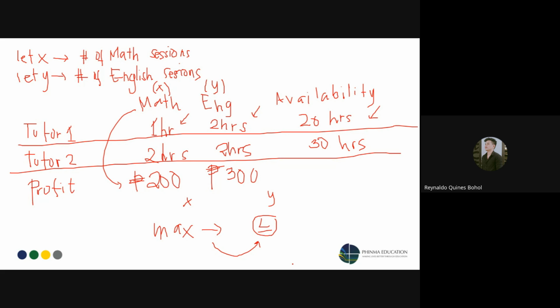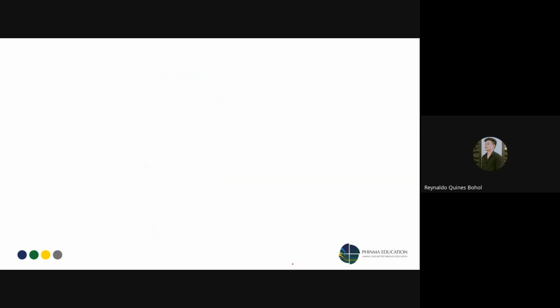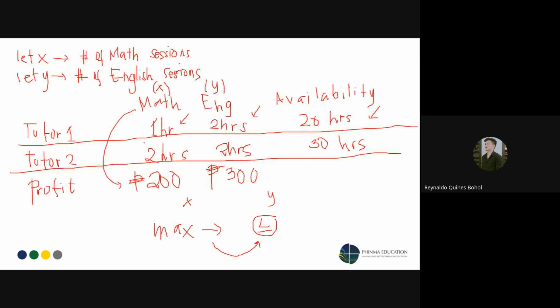But that depends on the problem. Some problems give opposite symbols. But if the problem doesn't specify, always remember that in getting the structural constraints, always use less than or equal to. For the first one, tutor 1, we take 1 hour, 2 hours, and 20 hours.